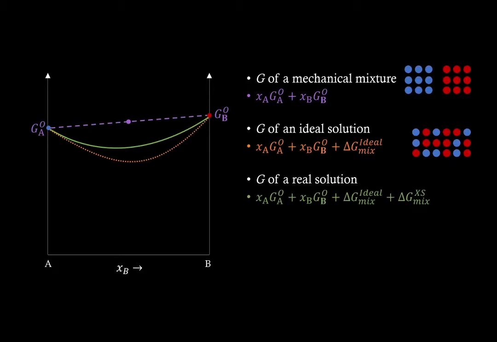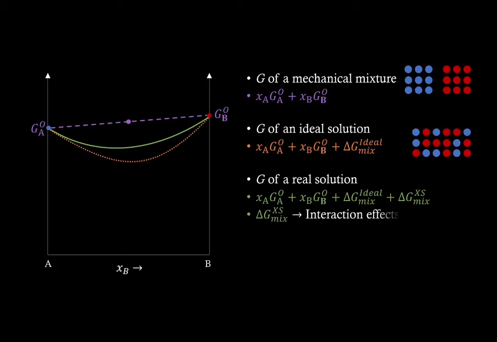How do we write the expression for this? Take the entire ideal mixing contribution, the pure element contribution plus the ideal mixing contribution. From this ideal mixing Gibbs energy, it is deviated to some extent, right? This deviation is captured in this term, that is delta G excess, delta G mix excess.